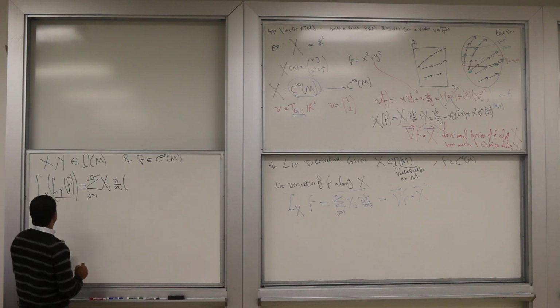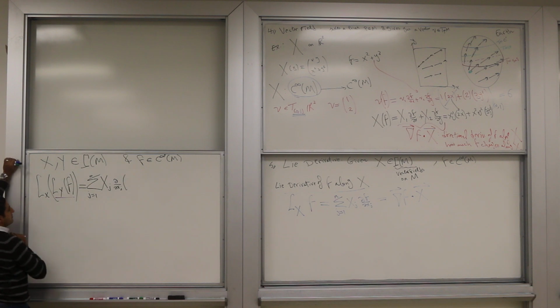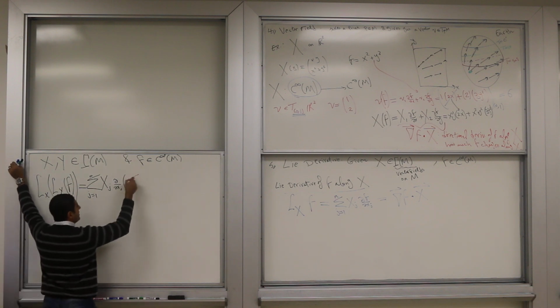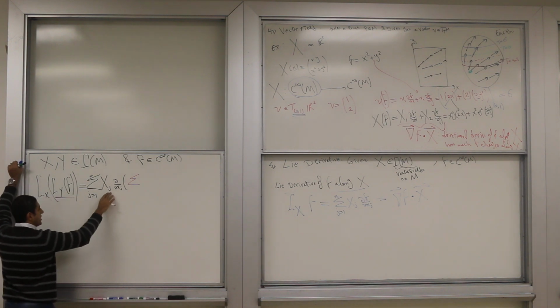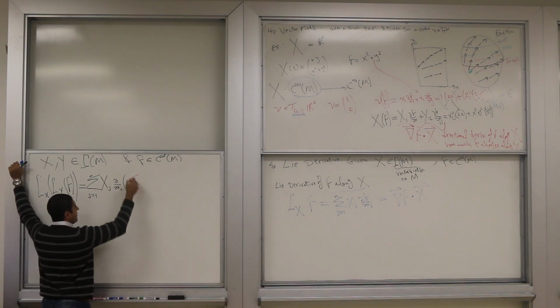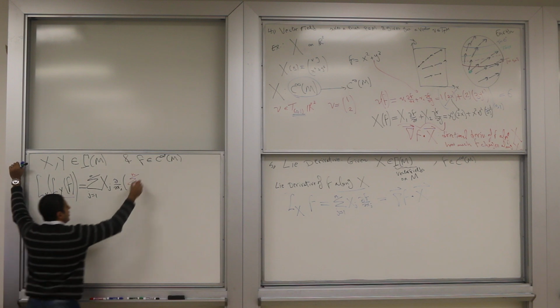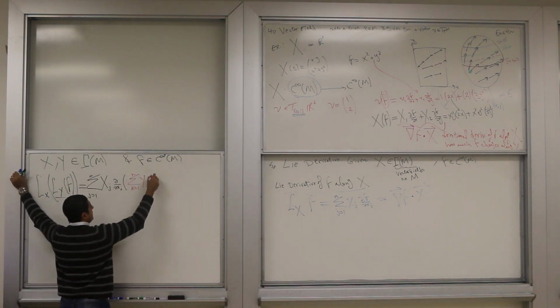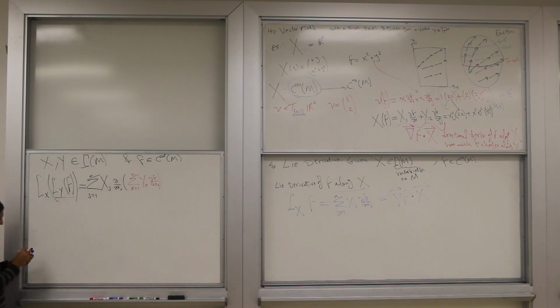Well, I have another definition of the Lie derivative, or the directional derivative, which is, again, how to compute it. It's a summation, I'll just change the name of the sum, k from 1 to n, yk partial f partial xk. Okay?